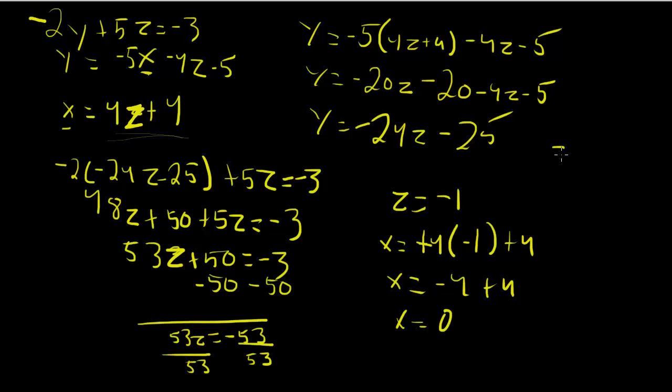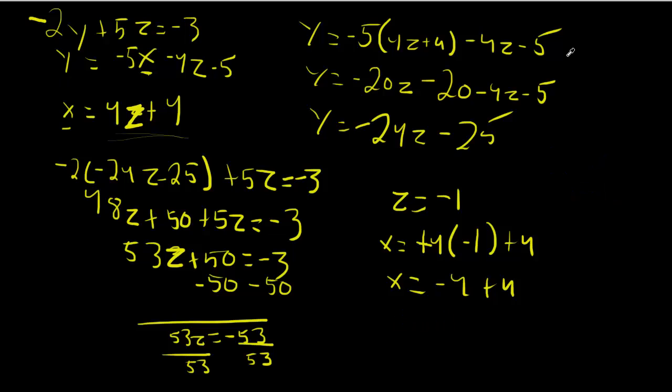So now that we know z equals negative 1, x equals 0, and now to find our y value, all we're going to do is go over here, and we know that y is equal to this stuff. Or we could even insert in the top one, which would probably be a little easier. So let's do that. We know that z is negative 1 and x is 0.